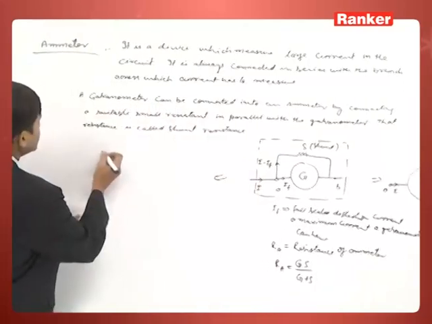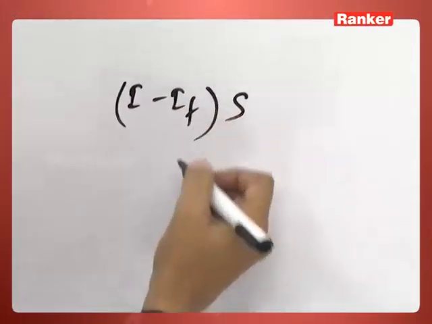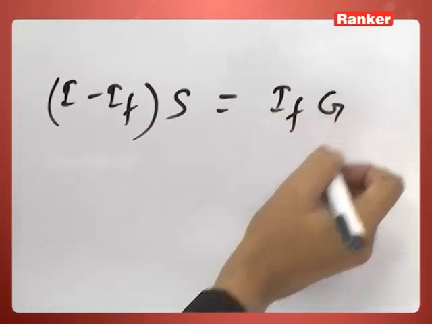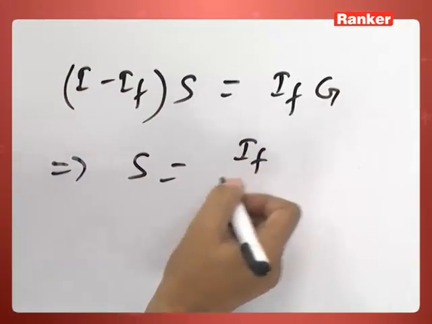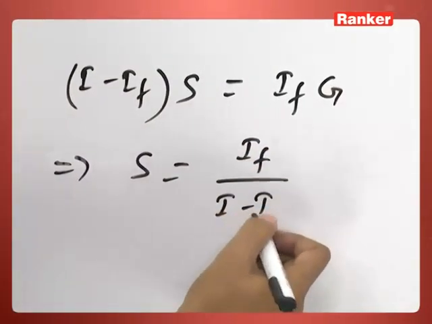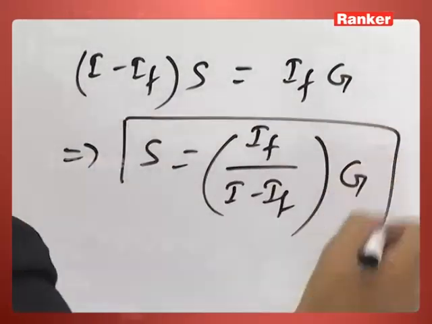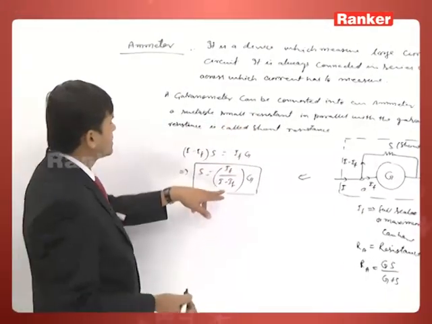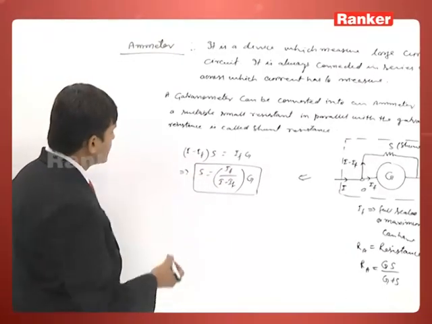So we can write (I minus IF) into the shunt value S equals IF into G. So shunt resistance can be written as S equals IF by (I minus IF) into G. This is the desired value of shunt depending on the range of current which we want.